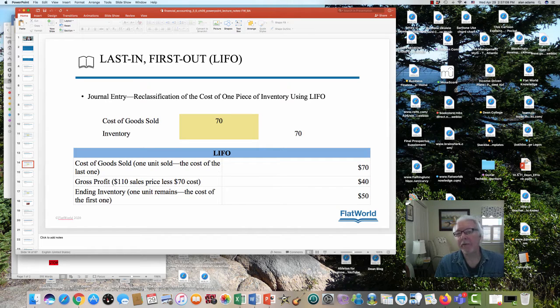When we relieve our inventory, we're going to take out the $70 shirt. So cost of goods sold is debited, increasing expense for 70. And inventory will be relieved by 70. Now we had $120 worth of shirts, 2 shirts to sell. We're taking $70 out, leaving the $50 one behind. Cost of goods sold, therefore, is $70.